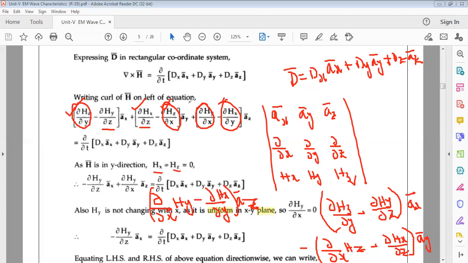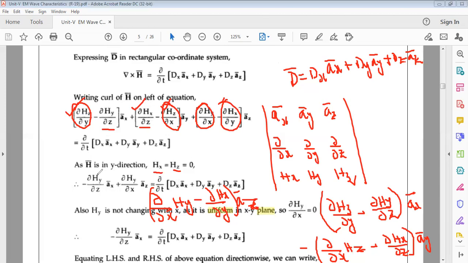All the terms we have here, Hx and Hz, are zeros, and Hy is there. With respect to z it is varying, but Hx is equal to 0, so this term is also 0.